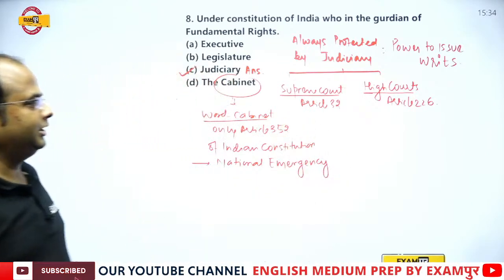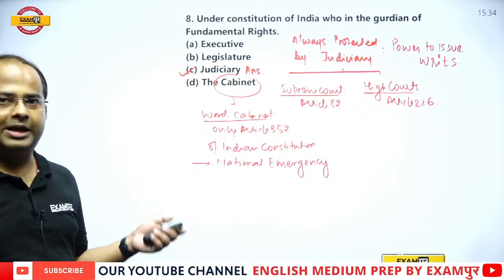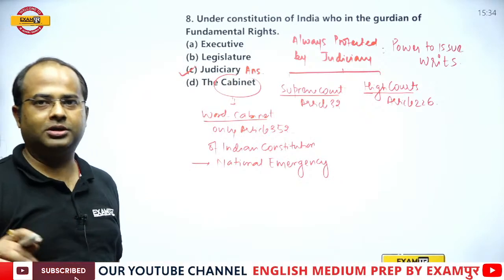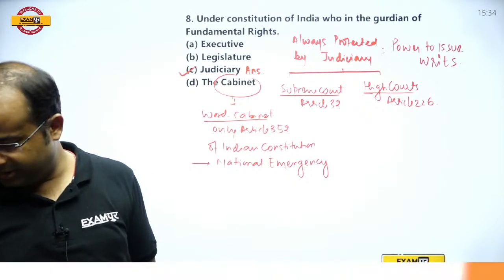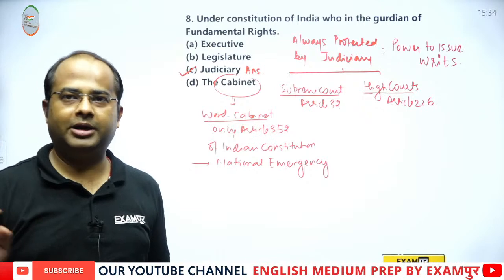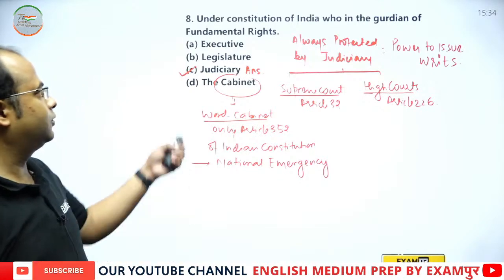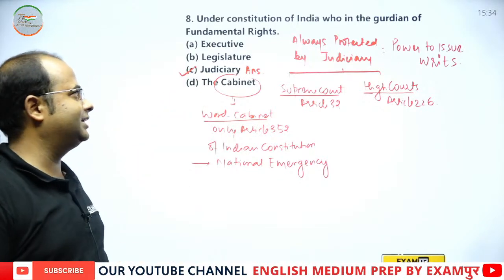National emergency is imposed on the written recommendation of the cabinet. Therefore, guys, the correct answer will be option C, that is judiciary.